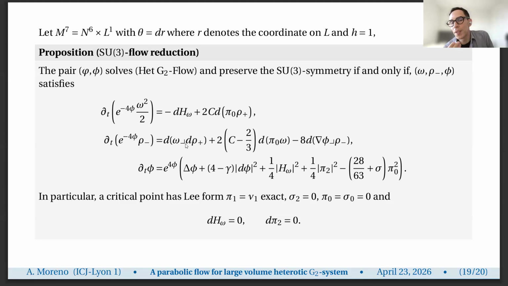An interesting question is to see what happens with the evolution of pi 0 along this flow. What happens if you start with pi 0 equal to 0? If this condition is preserved, then you will have a coupled type 2A and type 2B flow.